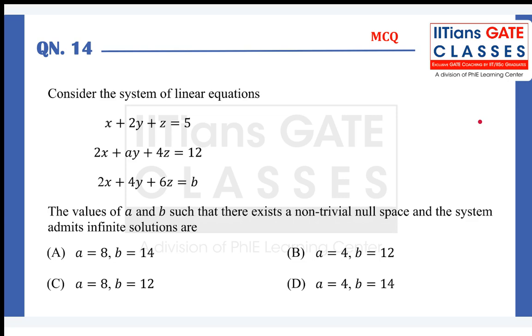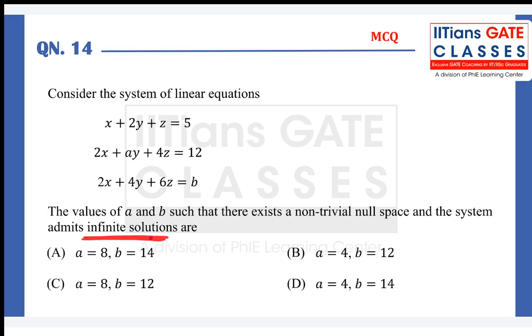So let's look into question number 14. This type of question has also been asked in previous years. They have given you a system of linear equations with 3 equations in x, y, z, and you need to find 2 unknowns, a and b, for which you'll have infinite solutions.